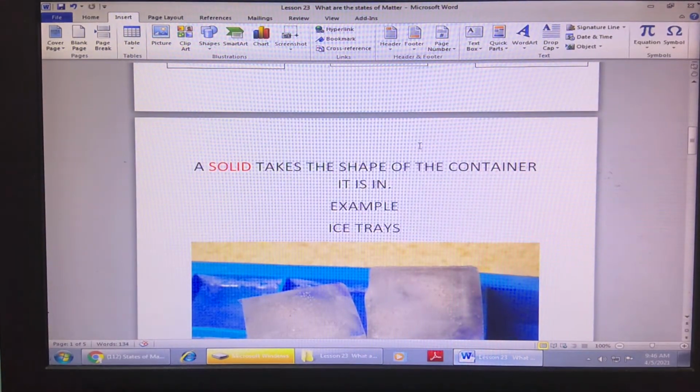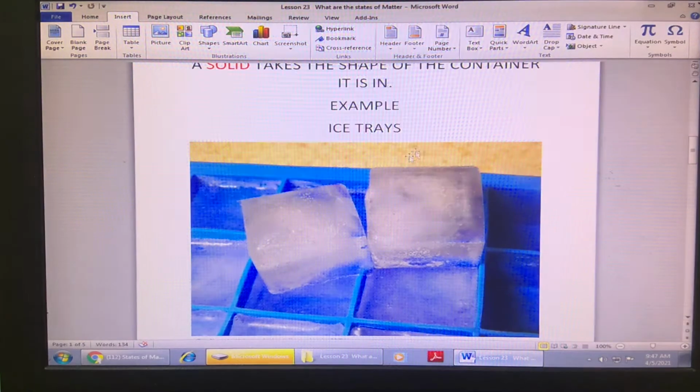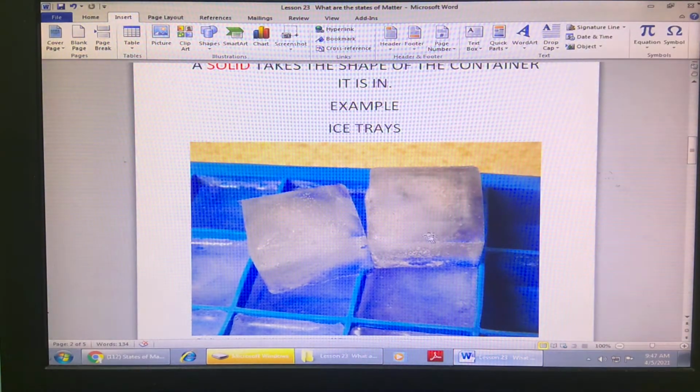A solid takes the shape of the container it is in. So an example, ice trays. They are square. Why are they square? Because the ice trays are square. So when you pour that water in, it takes the shape of the container, and when it freezes, it mimics that shape. If these trays were round, we'd have round ice cubes.